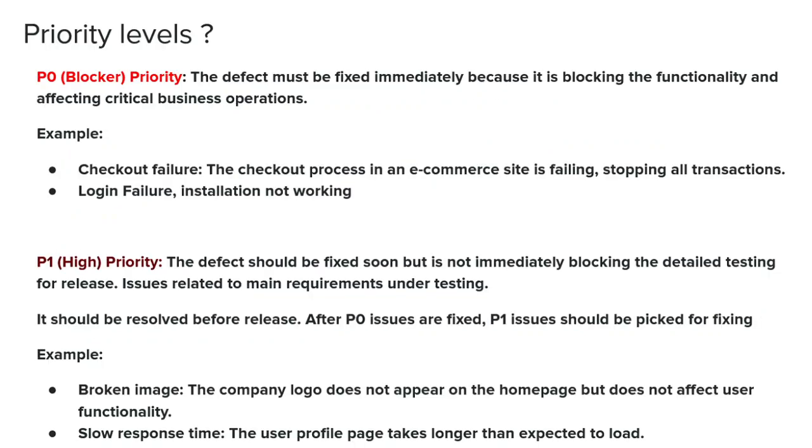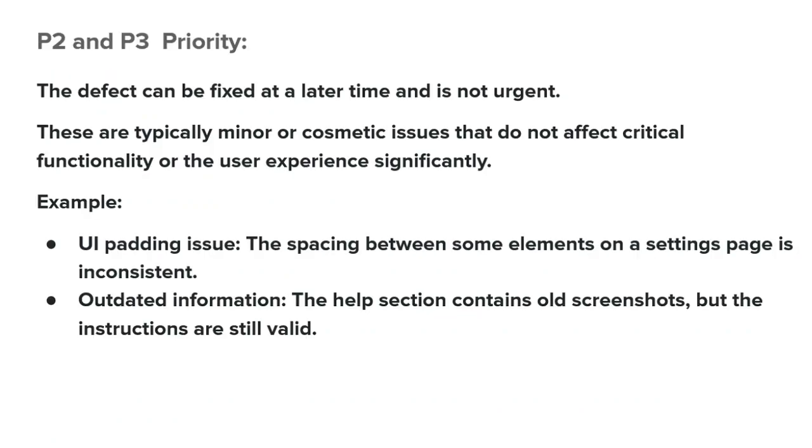If it's blocking the testing, we can mark it as a P0 issue. If it is impacting some major functionality, then we can mark it as a P1 issue. If it's a minor issue and not urgent, then we can mark it as P2 and P3 issues. So this is about the priority of the issue.